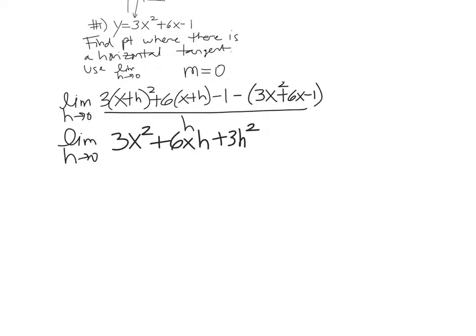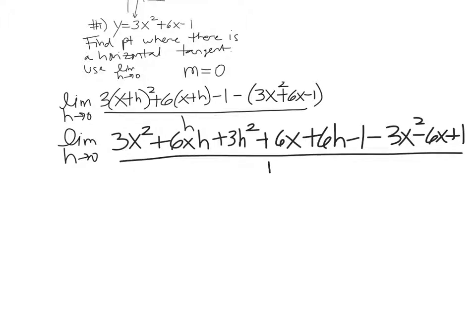Then take the 6 and distribute it to that middle term there. So plus 6x plus 6h minus 1. And then take the negative and distribute it to all the parts of f of x. We're subtracting the entire function. So minus 3x squared minus 6x plus 1 all over h.